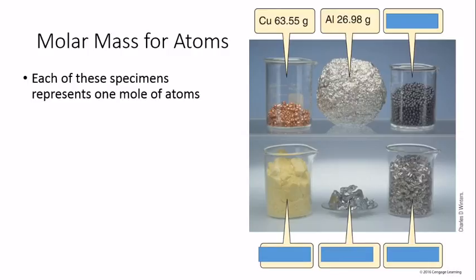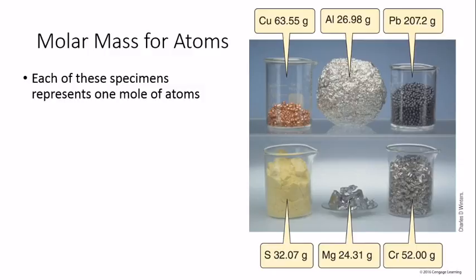Aluminum, the decimal number is 26.90. Its molar mass is 26.90 grams per mole. Lead, 207.2 grams. Sulfur, 32.07 grams. These have different densities, don't they? Because some are fluffier and some look more compact. Magnesium, 24.31 grams.